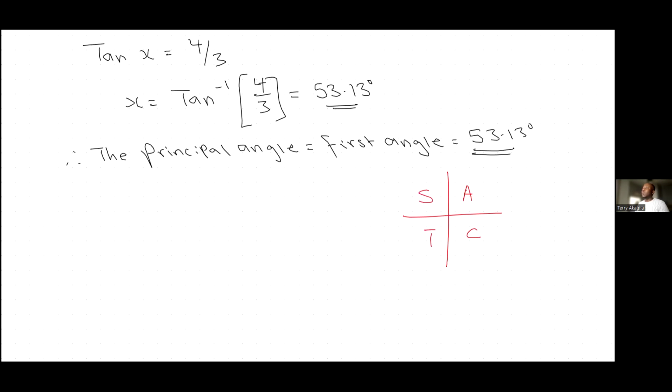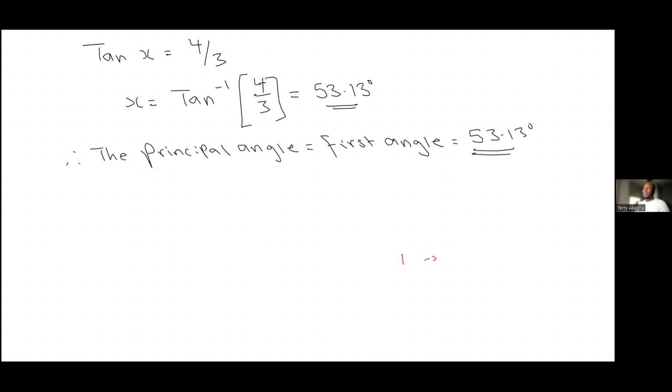How do you get the second angle for sine? It is 180 minus the first angle. Tan is 180 plus the first angle. Cosine is 360 minus the first angle. We talked about this earlier, so please go back and have a look. You can now solve questions on it easily.